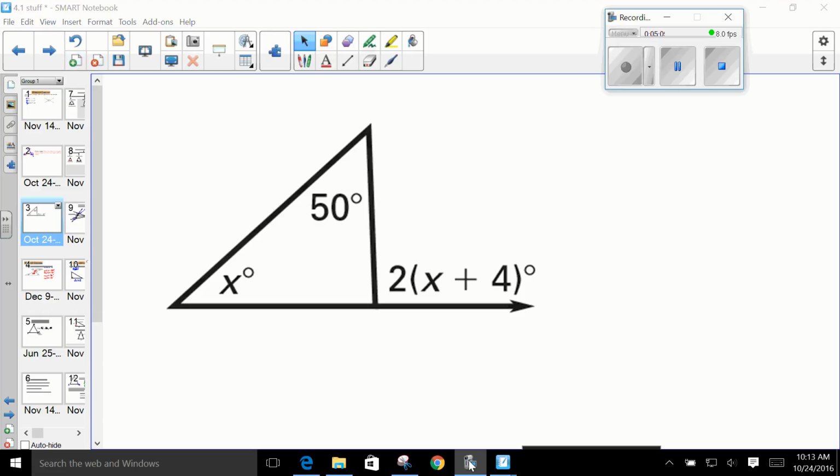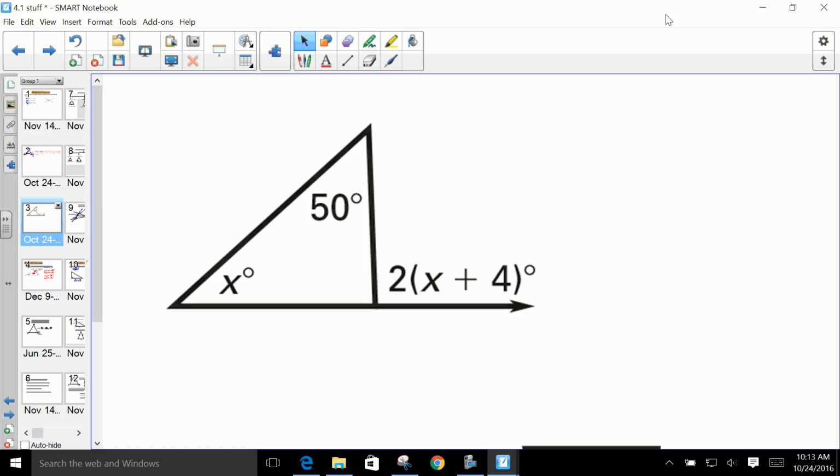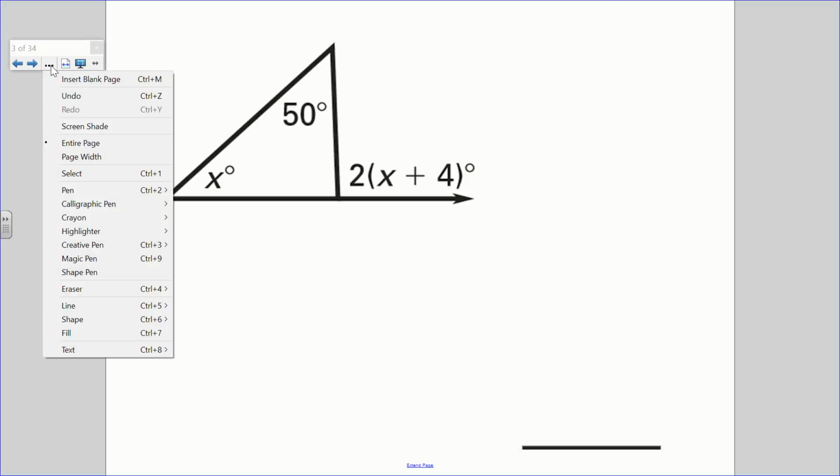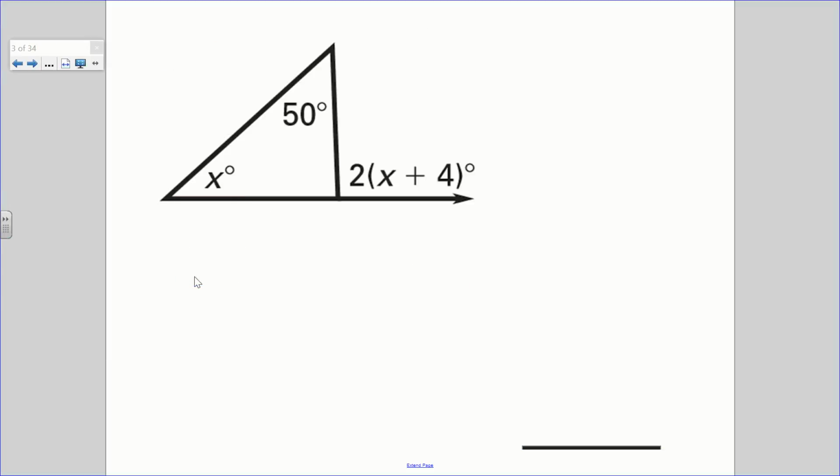Exterior angle says, the theorem says this, look. This exterior angle is equal to the two angles in the interior that are not adjacent to it.